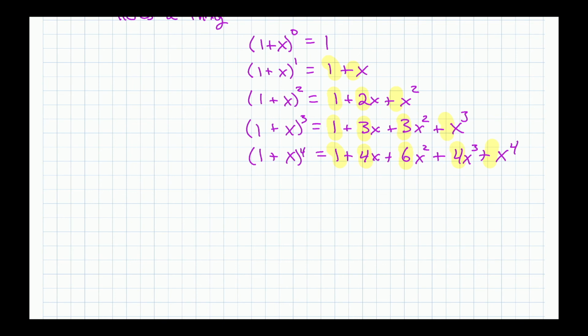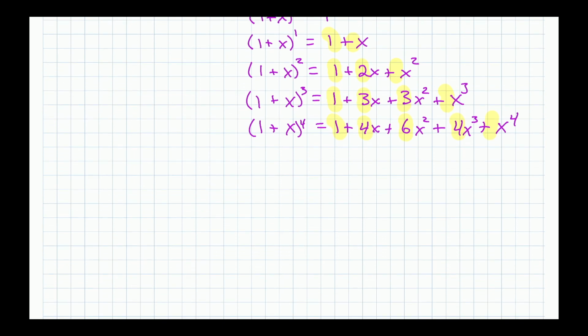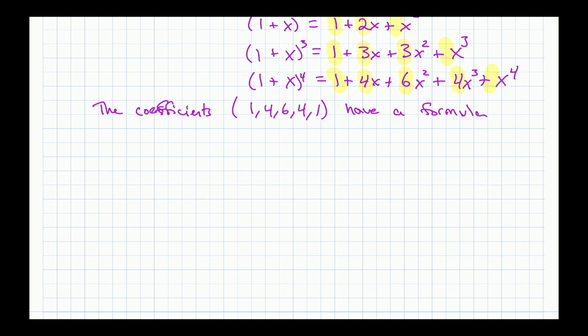Those coefficients have a particular form, like the 1, 4, 6, 4, 1 on that last row. They have a formula that we can know.